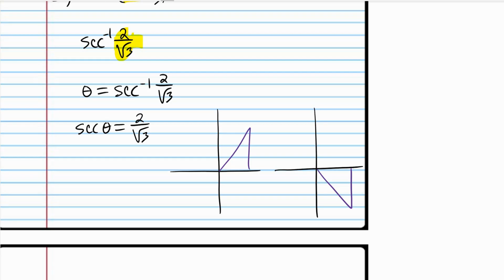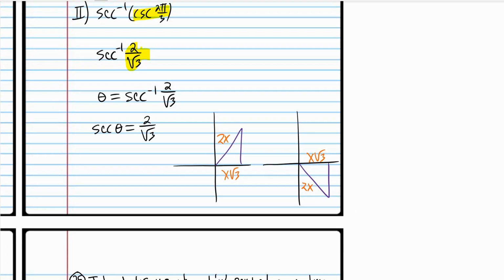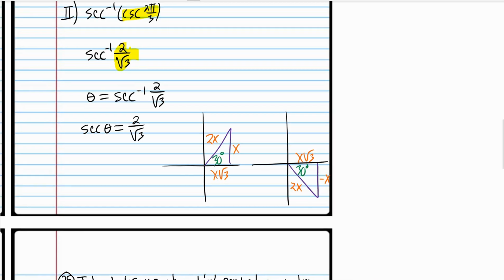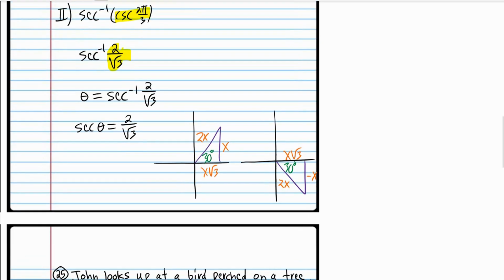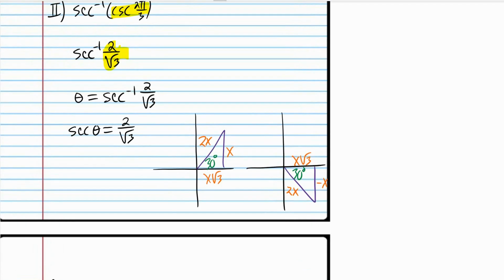The hypotenuse is 2x, and the adjacent side is x root 3, because secant is always hypotenuse over adjacent. And the opposite side is going to be x, so the angle opposite x is always 30 degrees. So our reference angle is 30 degrees.